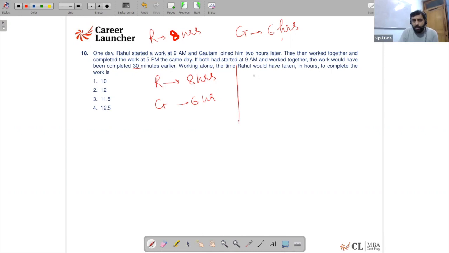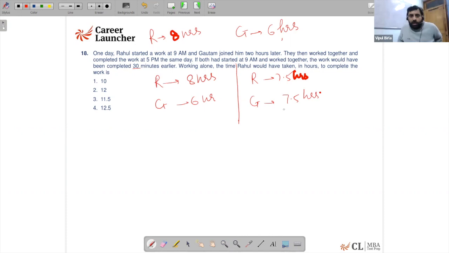Second: Rahul worked for 7.5 hours, Gautam worked for 7.5 hours, and the work is completed. So in both cases the work is completed.